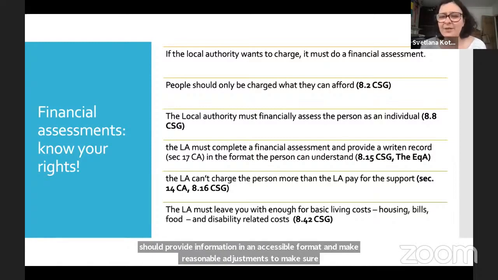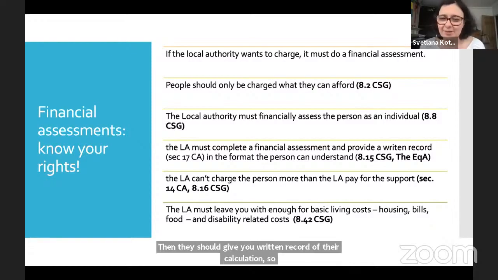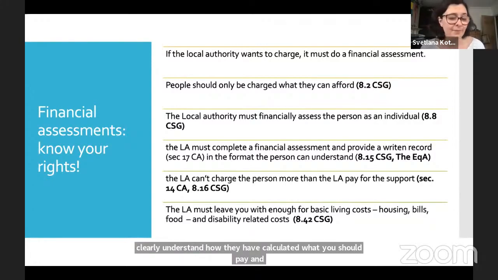Then they should give you a written record of their calculation, again in a format that is accessible to you, so you can clearly understand how they've calculated what you should pay, and you really understand how much you should pay.